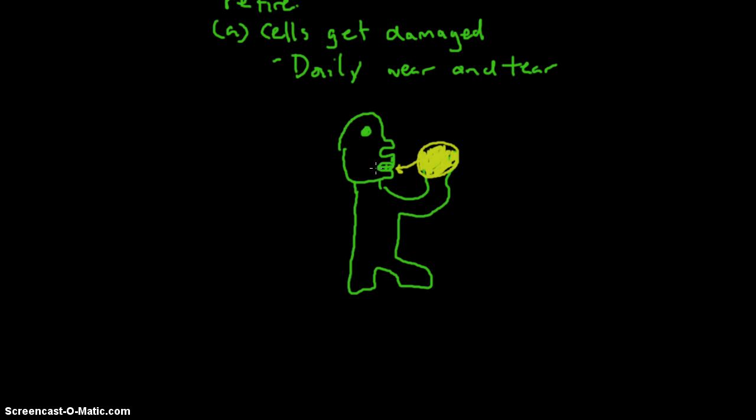Well, the food is going to go into the person's mouth. The person chews on the food. The food then goes down into the esophagus, down through the stomach, into the small intestine, into the large intestine, and then out through the body.